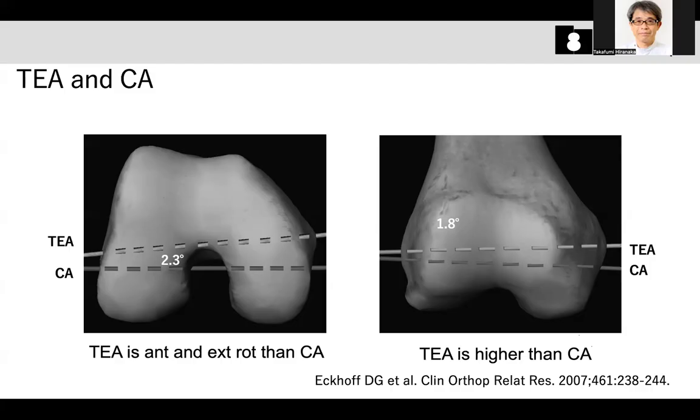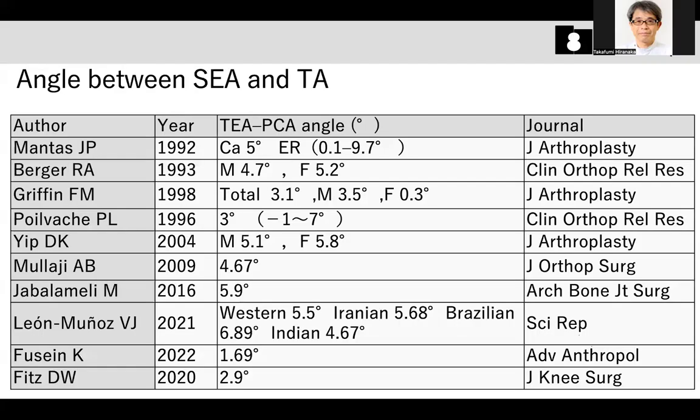It varies in TEA and is located slightly proximal and slightly anterior. So this is the rotation angle between SEA and TEA. It's quite variable, roughly between 2 degrees, 3 degrees and 5 degrees.